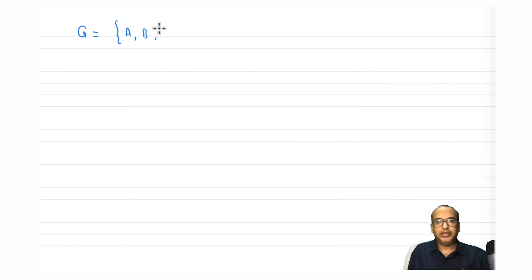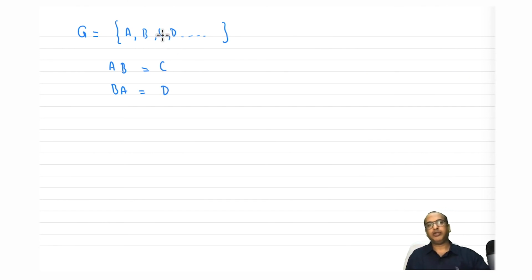What I'm saying is that if we define a group where the set of symmetry operations is A, B, C, D, and so on, then if we combine two symmetry operations in any possible way and we get, let's say, C, or if we do BA we get D, then C and D must form elements of this group.